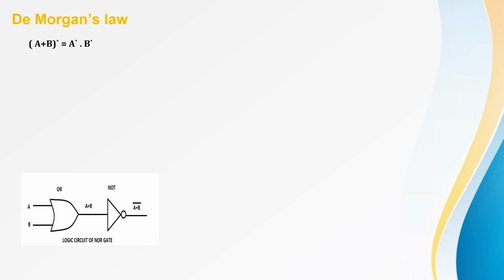Yes. If we see that from the logic perspective, then this (A plus B) whole bar is equivalent to a 2 input OR gate followed by a NOT gate. So if A and B are the inputs to the OR gate, then the output is equal to A plus B. From the diagram we can clearly see that.